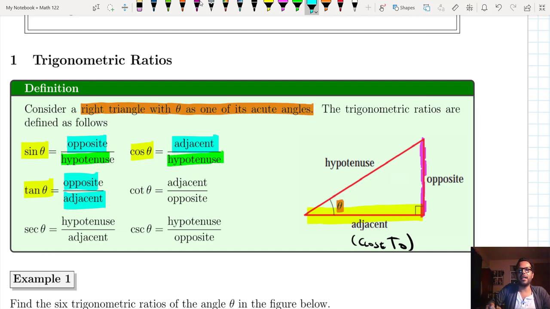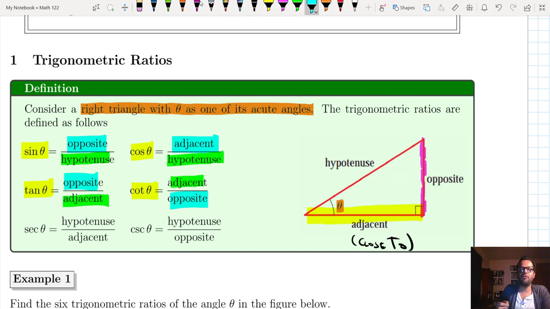The other three functions are actually the inverses of the other ones. Let's see how that works. Cotangent theta is adjacent over opposite.